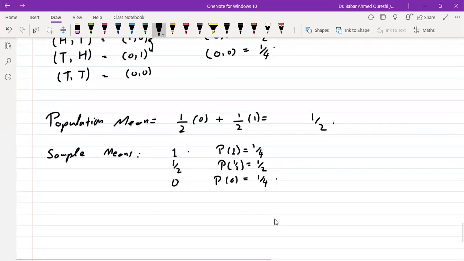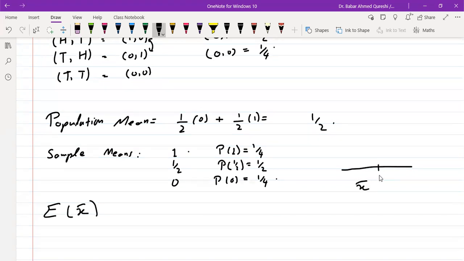Now what is the expectation of the sample mean? So sample mean is a random variable now. It has 3 possible values: half, 0, 1, and their distribution is given like this. This is 1 by 4.